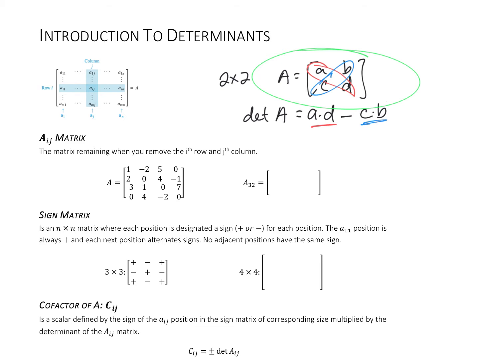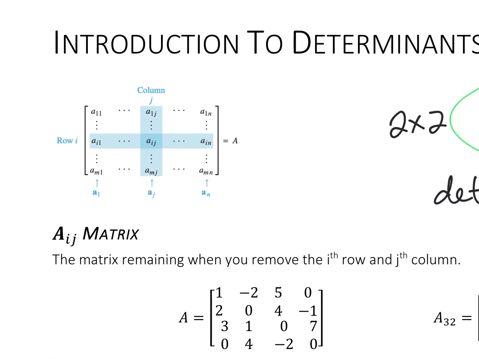Just a reminder, here's one way that we could talk about our matrices. We have each of our positions here: A11, A12, as we go this way. The j's change because the j represents the column. Again, we always list this by row and then column.